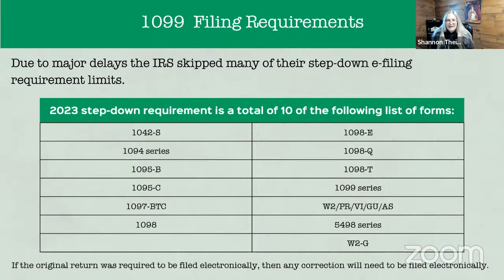If you had 9 employees and 2 contractors, you would still be fine. But with the rules where it's any 10 forms of the forms on this list, you have to e-file. So that, I think, is going to maybe catch some people by surprise.